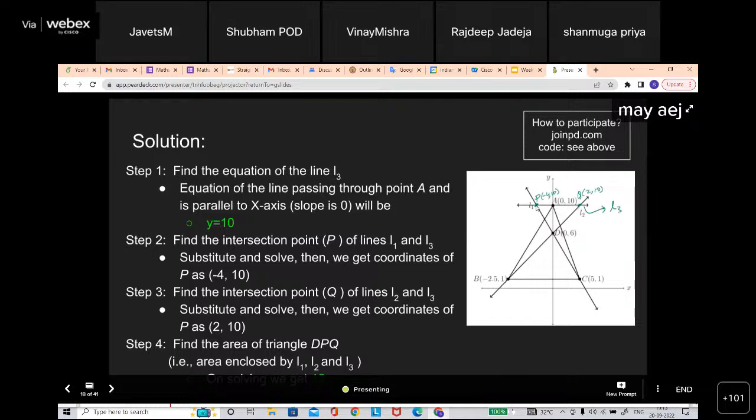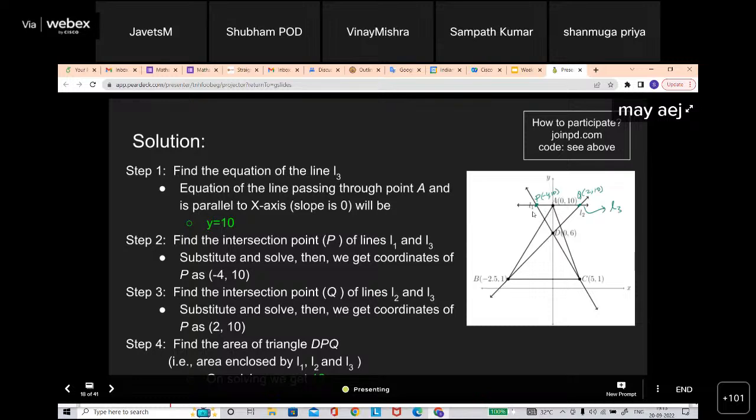If this is -4 and this is 2, how much is this distance? 6. So this length is 6, and if you calculate that, you will get 12. So the area enclosed by these 3 lines is 12.